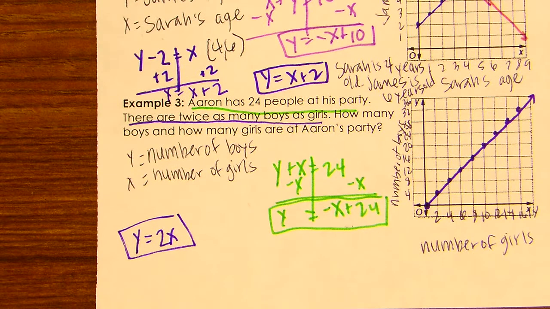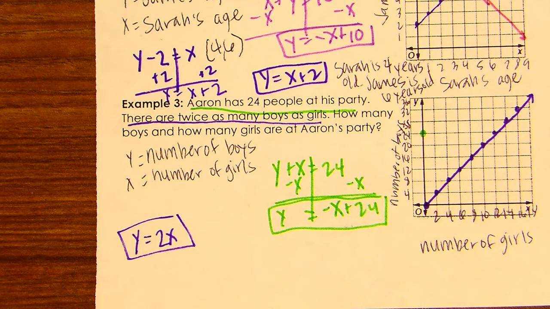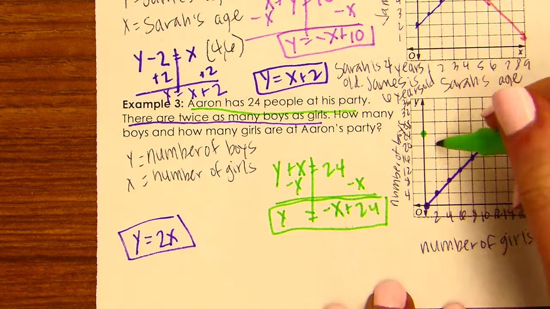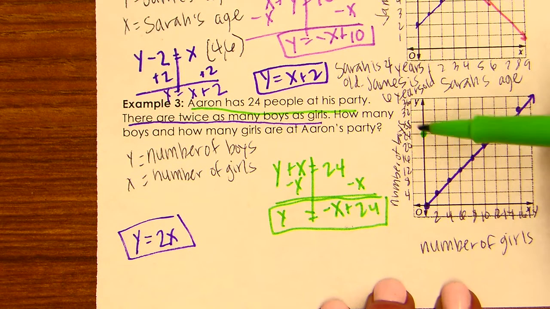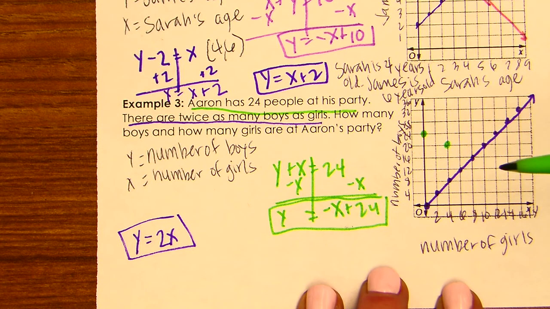The green one has a y-intercept of 24, has a slope of -1. That does not mean down 1 over 1 in this case, because down one box is going down 4, and then you go to the right 4, so I would go to the right 2 boxes. And then down 4 to the right 4, which is the same thing as -1.